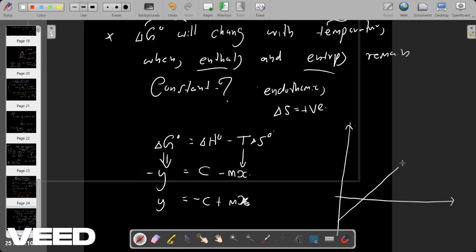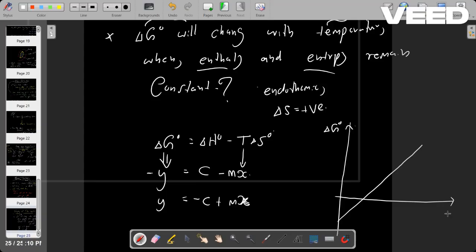Negative, something like this: delta G against temperature could look like this. But remember, this graph is only for endothermic reactions.